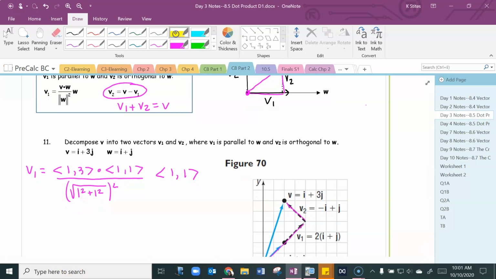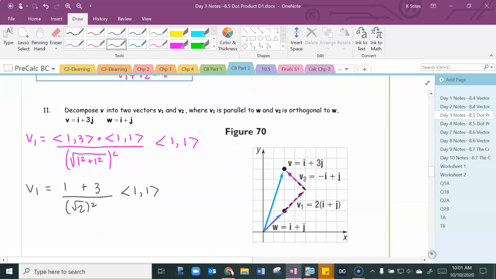Now we'll just go ahead and do this piece by piece. When we do dot product, this is 1 times 1 plus 3 times 1, over 1 squared plus 1 squared is 2. So we have the square root of 2 squared times <1, 1>. Just keep going. This is 4 over 2 times <1, 1>.